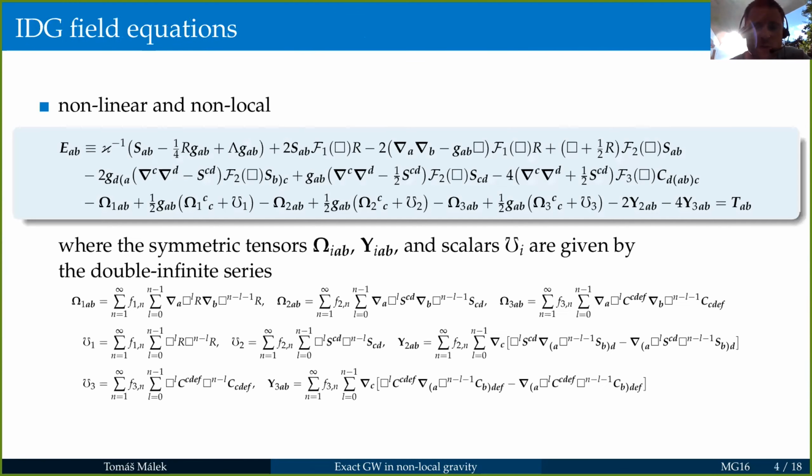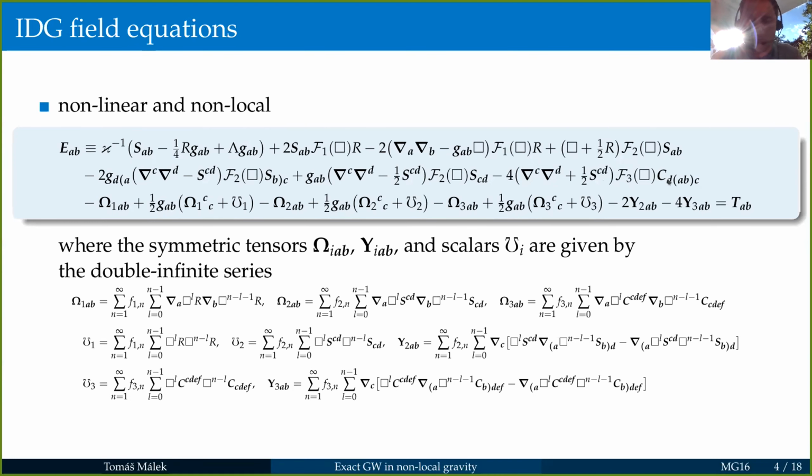So all these terms here vanish because they are quadratic in the omegas, and the Ricci scalar is constant. So all these tensors and scalars vanish, and actually there survive just terms like, for example, this nabla nabla f3.